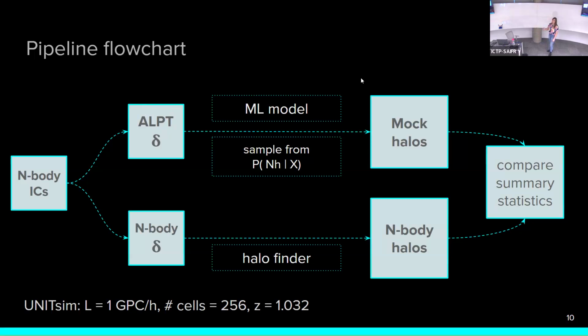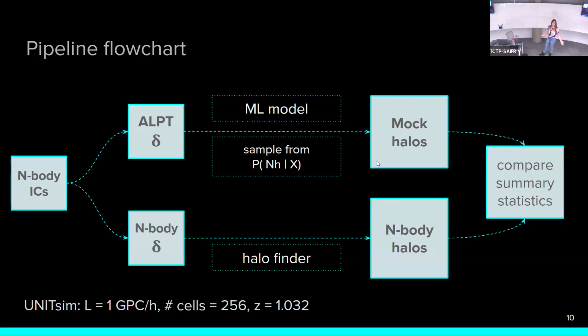For that, as the title says, I'm going to explore neural networks and things like that, which I'm going to talk about next. But the idea is that I want my halo density field, my mock halo catalog, to resemble the N-body halo field, at least in some statistics.